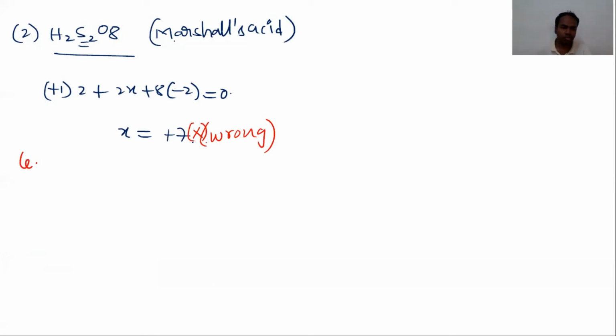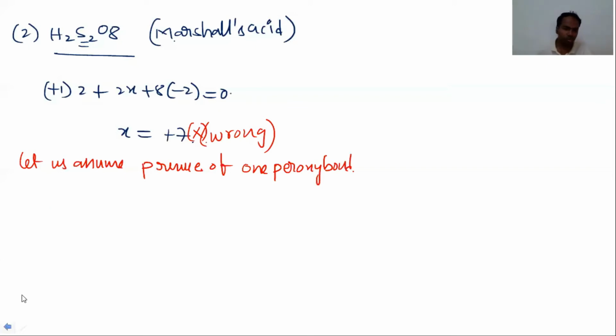Let us assume the presence of one peroxy bond. To form one peroxy bond, how many oxygens are required? 2 oxygens.